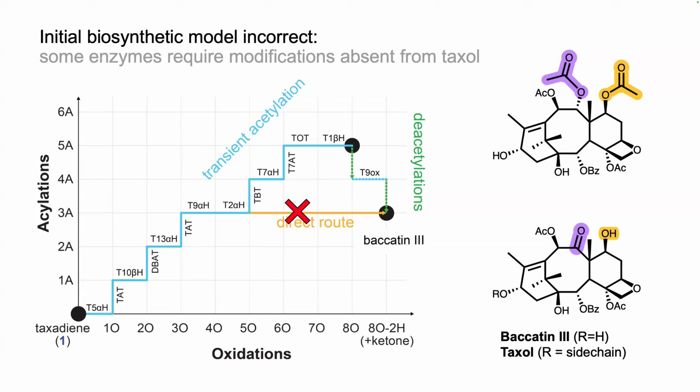Or would it be possible for you to go back to your data and see if there's some sort of compartmentalization of the pathway in different cell types, things like that?